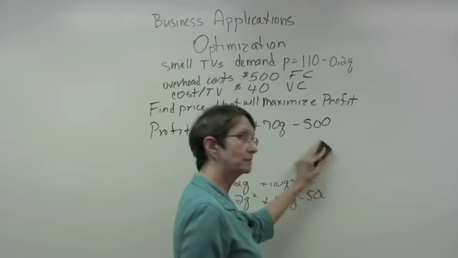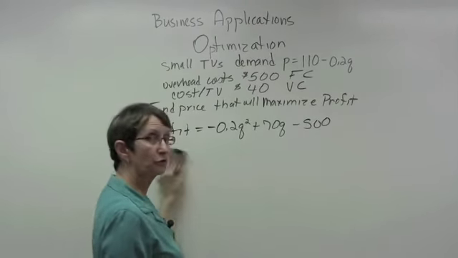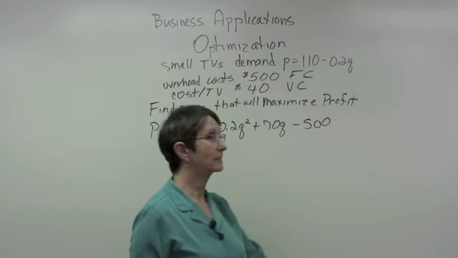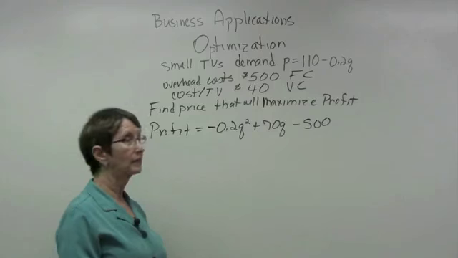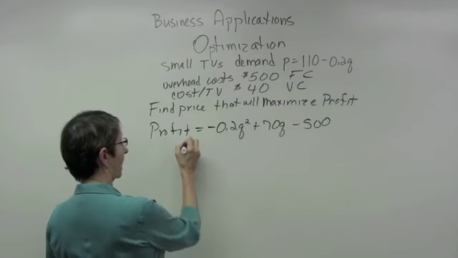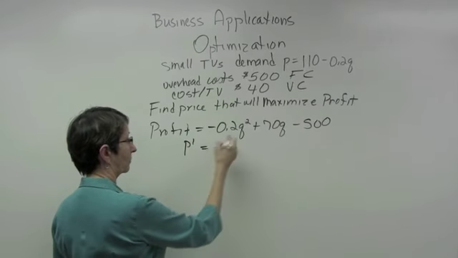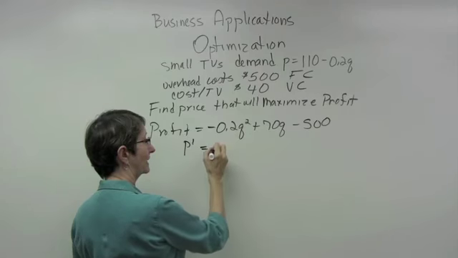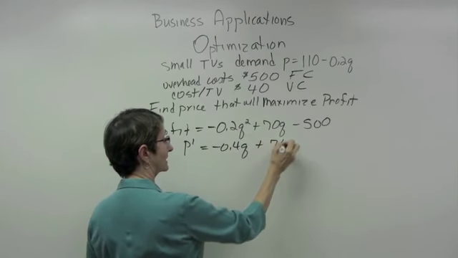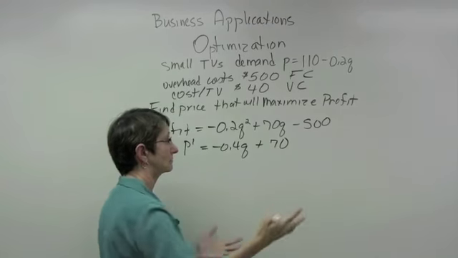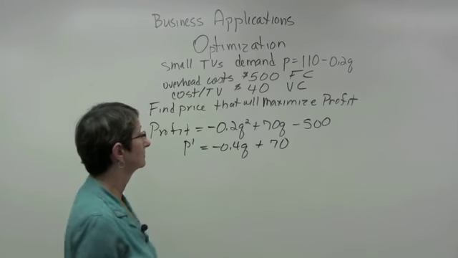To find a maximum, we use the first derivative. Remember that to maximize a function, relative extrema, first derivative. P prime equals, multiply by 2, negative 0.4Q plus 70. That's the derivative.